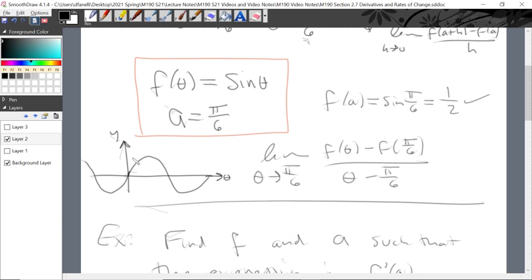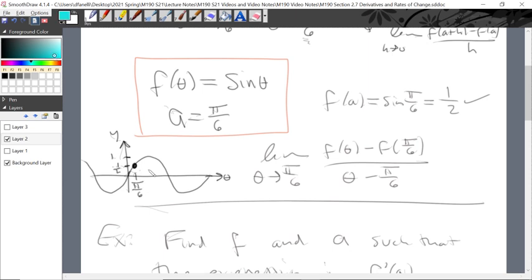Y is equal to f of theta equals sine theta. At pi over 6, the output was 1/2. So if this is 1 right here, 1/2 is about here, like this point right here, for example. That's the point where the input is pi over 6 and the output is 1/2.